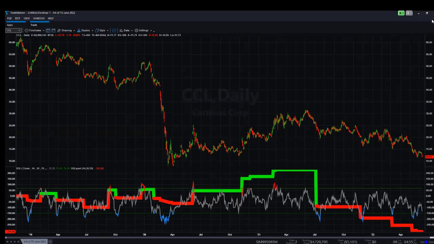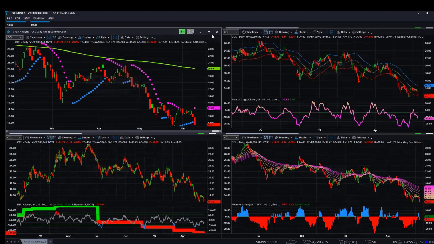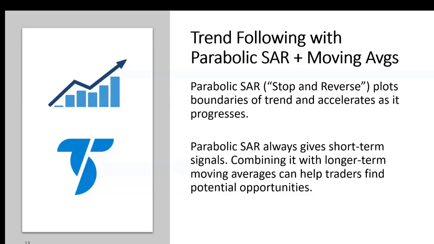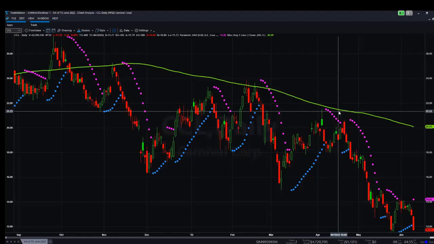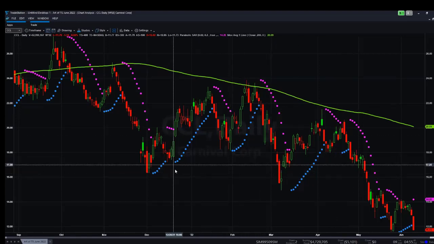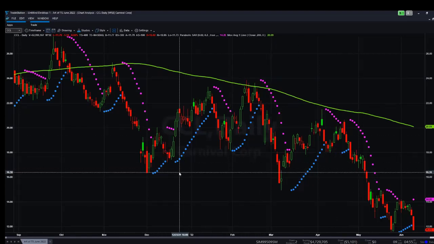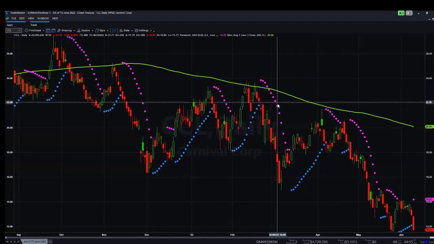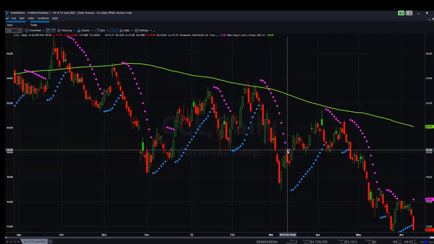Meanwhile, let's go back now to Parabolic SAR, which is this one. Slide 13, right? So what Parabolic SAR does is, this is a good example to see. When something is trending lower, this will plot the trend.